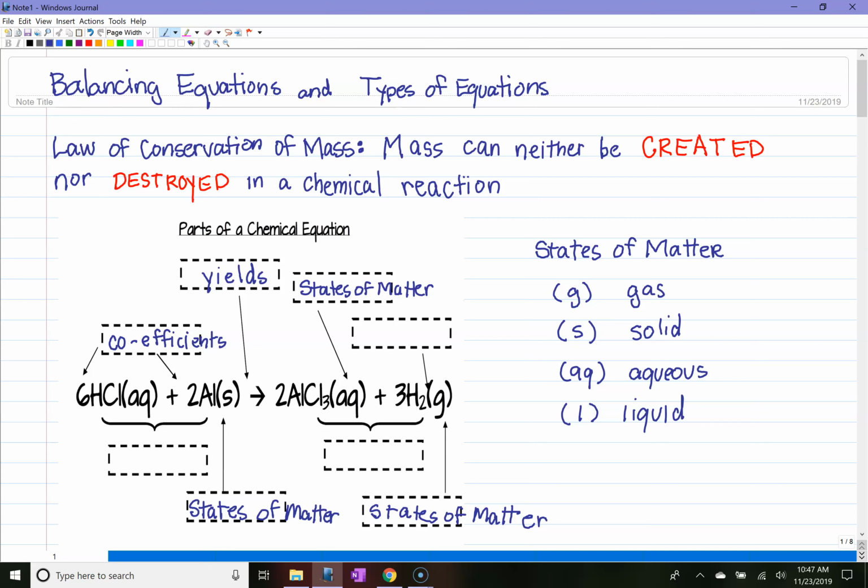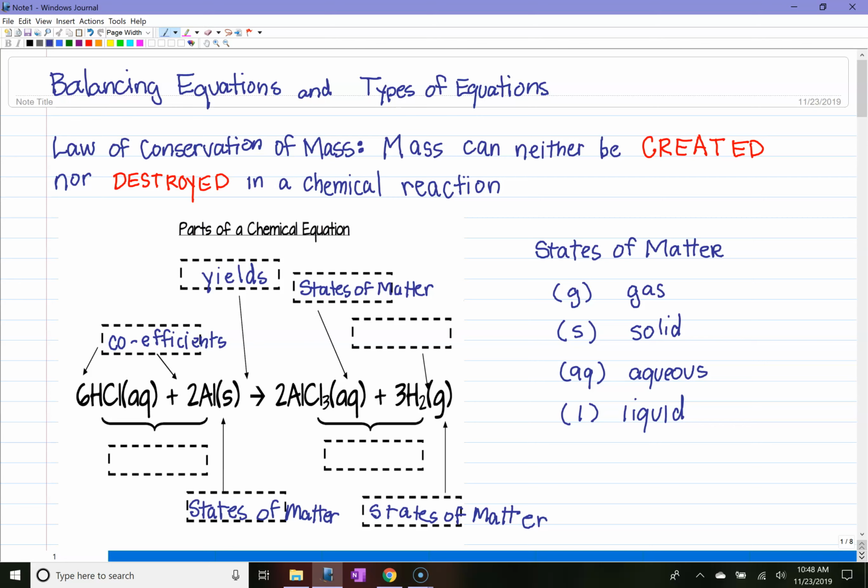It is soluble and it is able to dissolve in water. The last one is liquid. The difference between aqueous and liquid is that for an aqueous solution, it is dissolved in water. For a liquid, that means it is a liquid at room temperature.